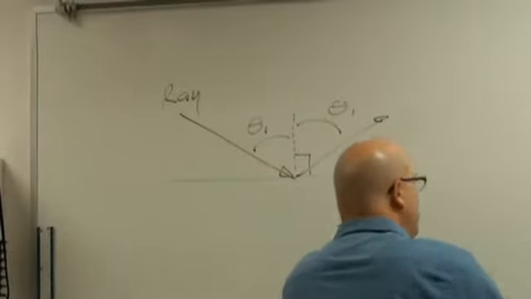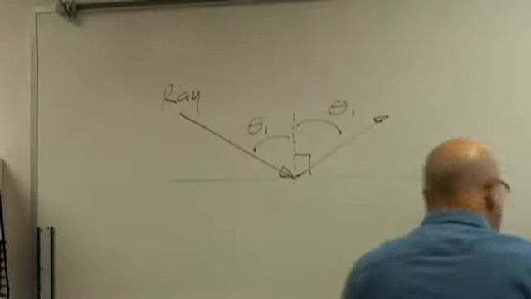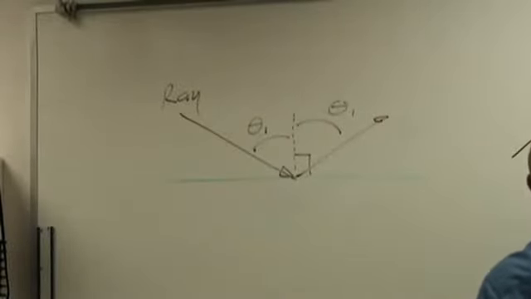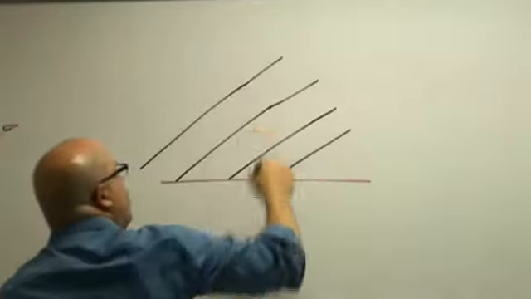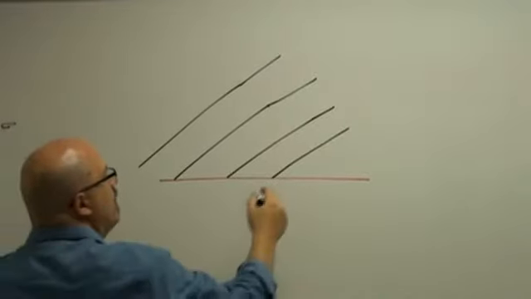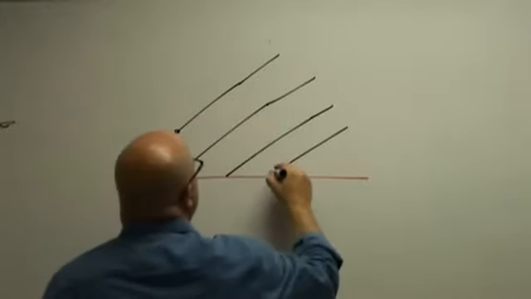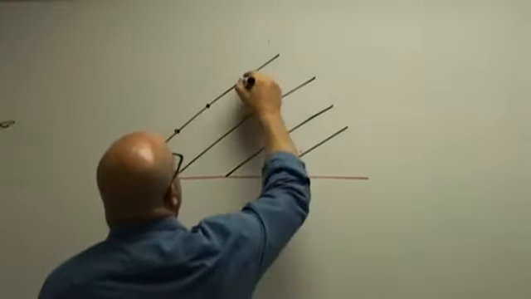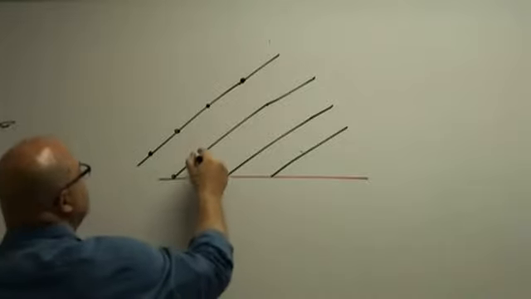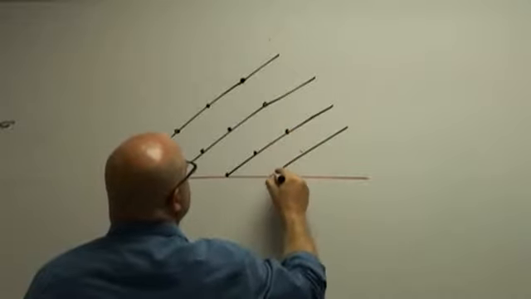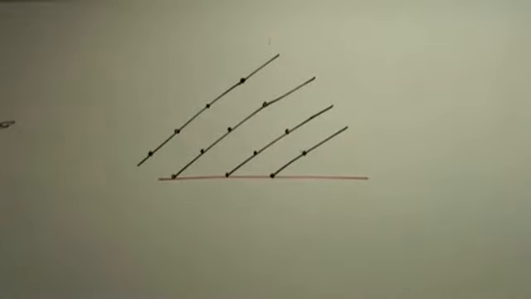So here we go. Here's our medium difference again, and here's my original wave coming in. Okay? My wave is coming in this way. All right, I'm going to put 4 dots on here, 4 points on the wave.